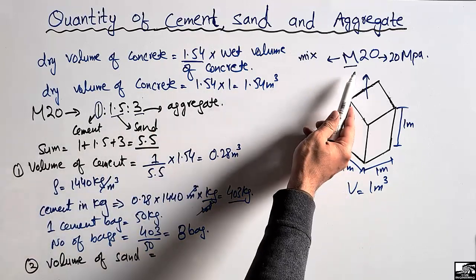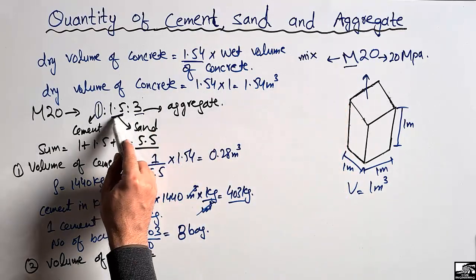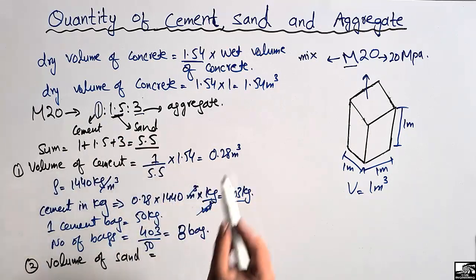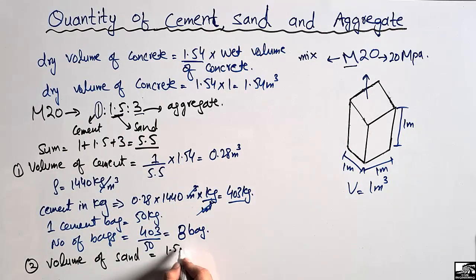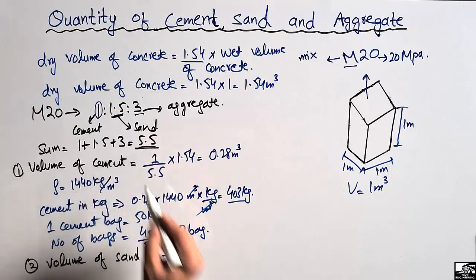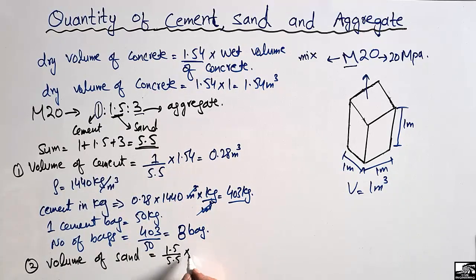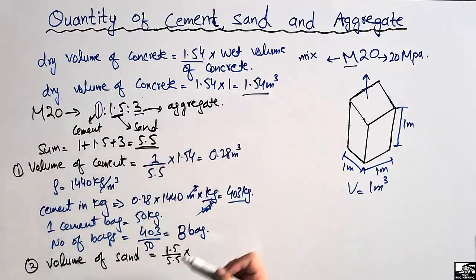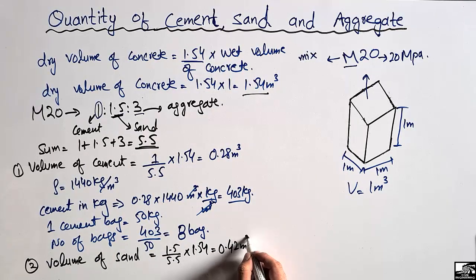It is made up from M20 grade, and M20 means that the ratio of the sand is 1.5 used in the total portion of the concrete. So 1.5 divided by the total ratio, which is 5.5, multiplying with the total dry volume of the concrete, which is 1.54. So we get the volume of the sand, and it is 0.42 cubic meter. So this is the volume of the sand.